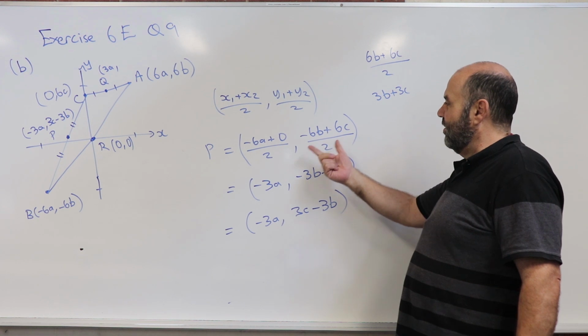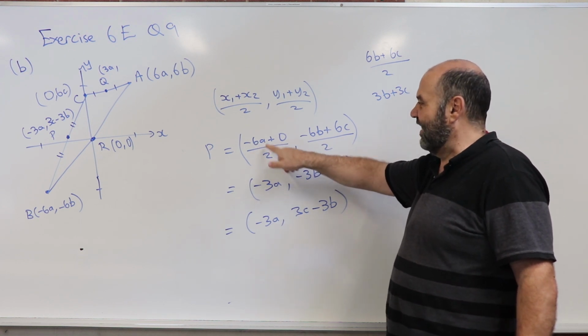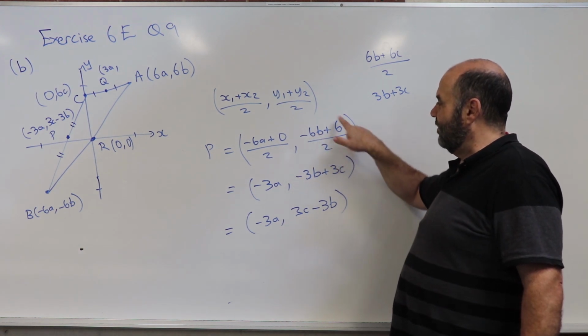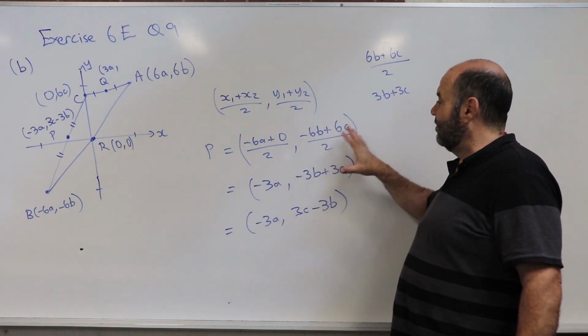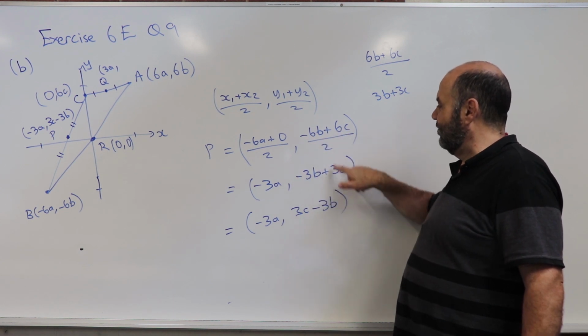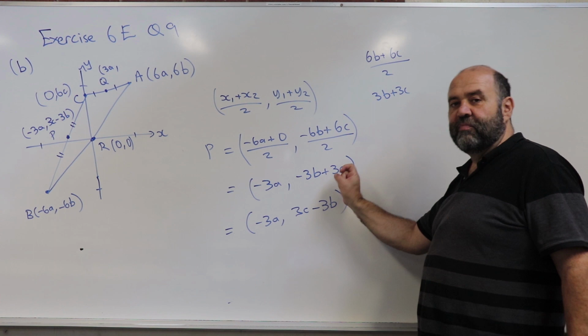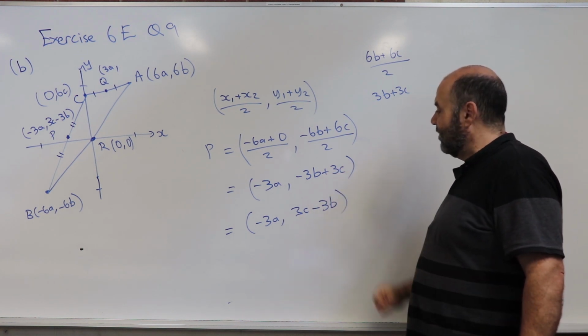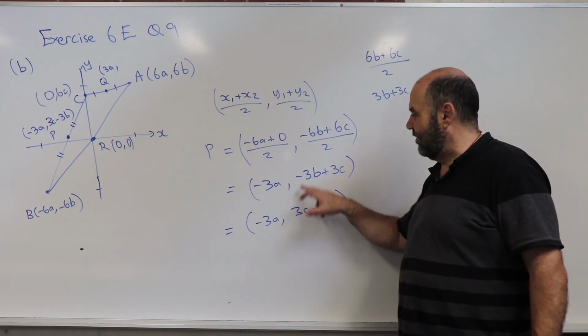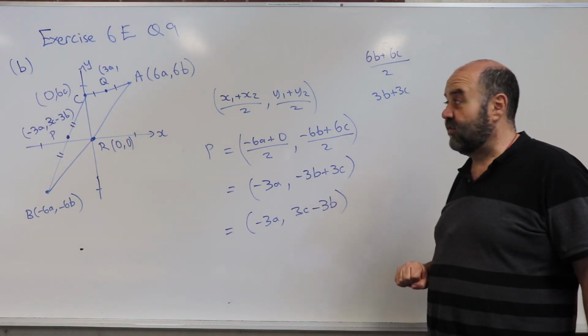I then simplified, so negative 6a divided by 2 is negative 3a. Over here I divided everything by 2 just to simplify, so negative 6 divided by 2 is negative 3, 6 divided by 2 is 3. Then I just swap these around, okay? Just so it was a little bit neater so I didn't have that nasty negative sign hanging out the front.